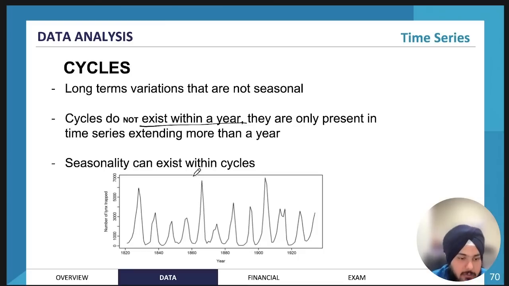As you can see in this graph, we have a peak, but that peak is going to take approximately 10 years to reach, and then 10 years to come back down to normal level. Therefore, this is called a cycle. There can actually be seasonality within a cycle, but that gets really complicated, so we usually don't like to put those types of questions.